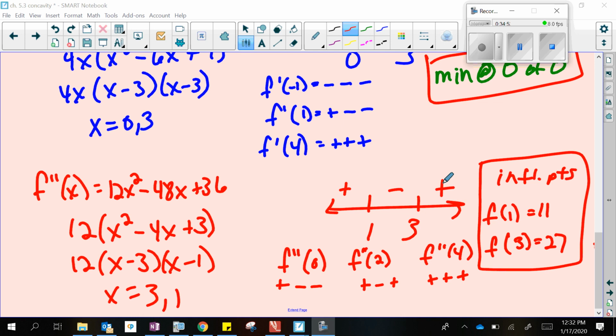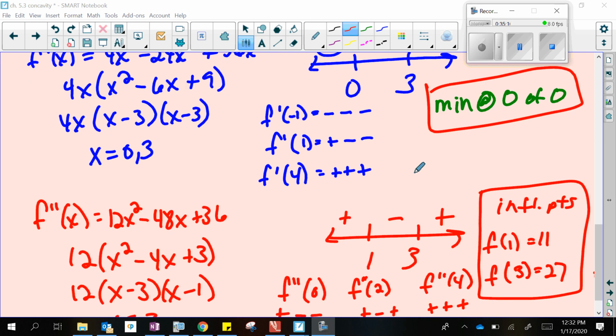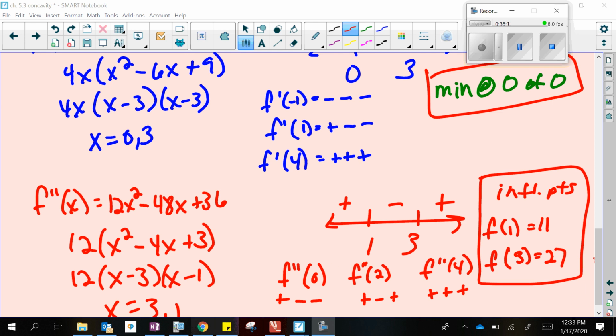Well, again, the function itself is decreasing, increasing, and increasing. Okay, so this tells you about the function. The concavity is positive until you get to 1. So here's my line at 1. Okay, so it's positive.